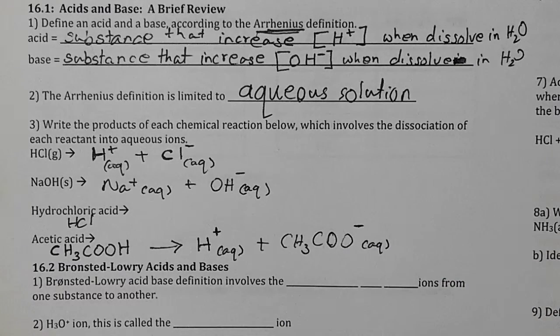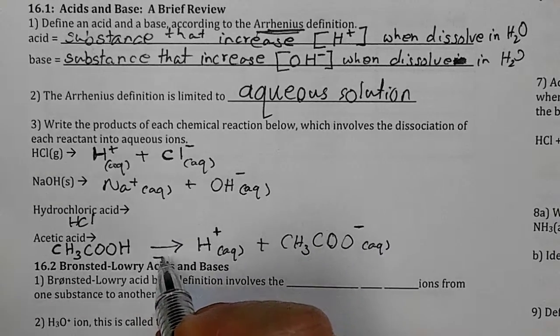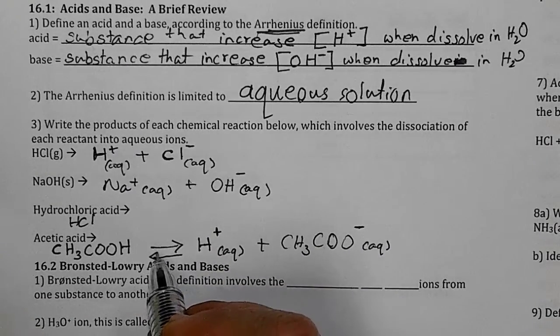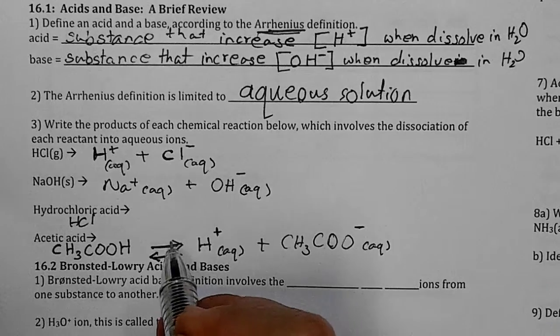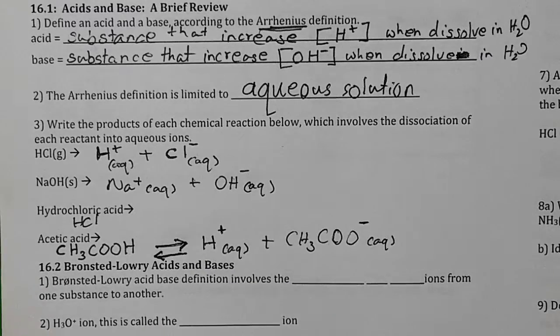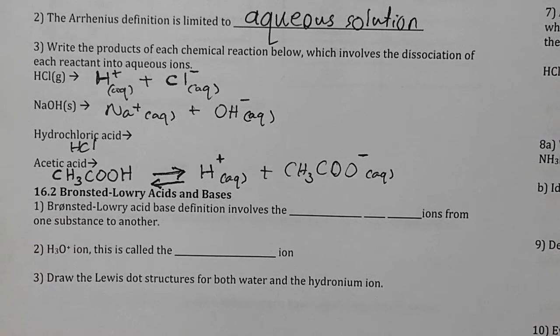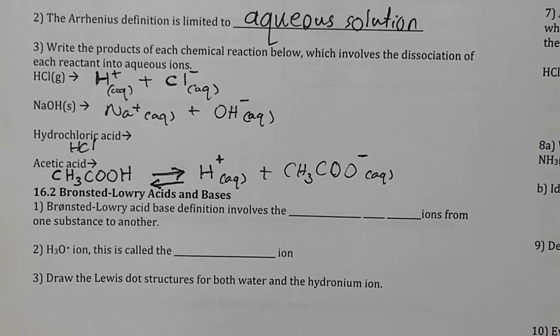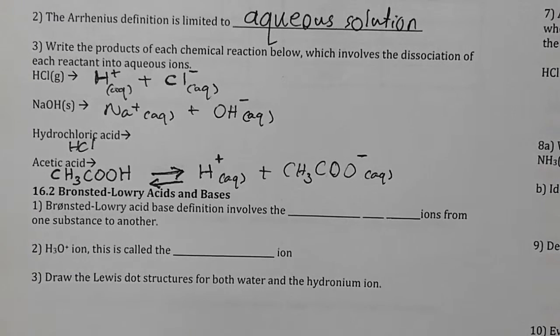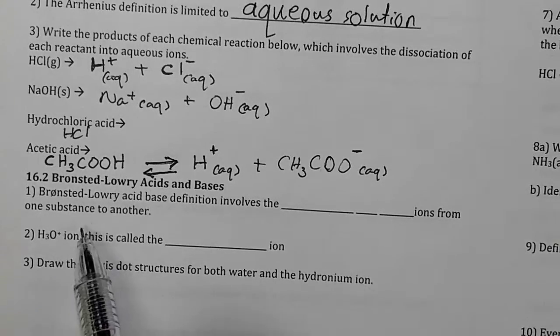One thing I want you guys to know, I know we haven't talked about it yet, but acetic acid is a very weak acid. Therefore, we're gonna draw the double arrow on this one. I'll explain later in the session why it's a double arrow. You guys remember strong acids, weak acids? It just means it doesn't fully dissociate. Remember from back then.